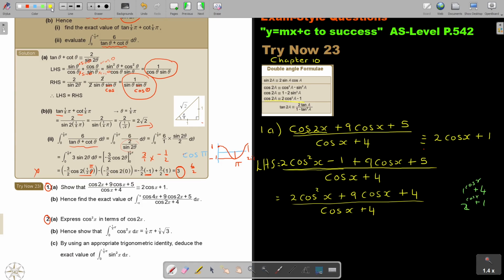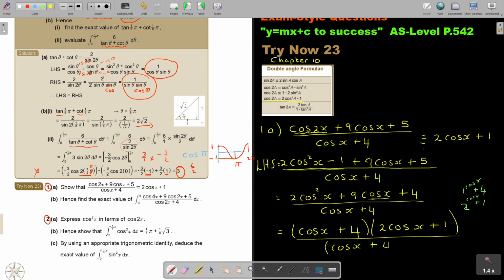So basically, I'm going to now get it, it's a quadratic trinomial. So I'm getting cos x plus 4. Remember, I'm looking at that cos x, the middle one, to help me. Just keep it in mind for number B. Plus 4. And I'm having 2 cos x plus 1, and that is going to be over cos x plus 4.